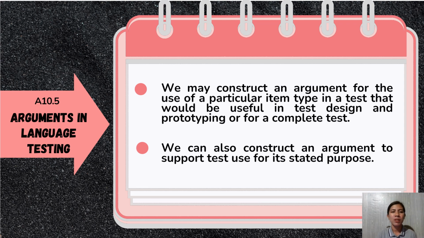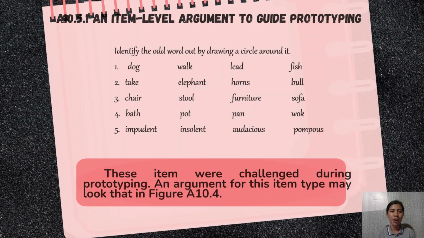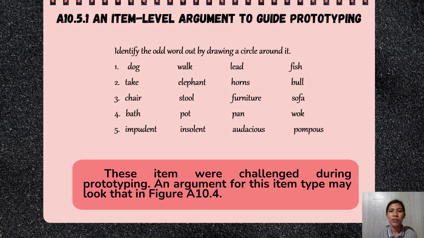So under arguments in language testing we have an item level argument to guide prototyping. These items were designed for prototyping because it was hypothesized that they would test three features of good readers, namely fluent and automatic word recognition, the ability to recognize collocations, and having a large recognition vocabulary.